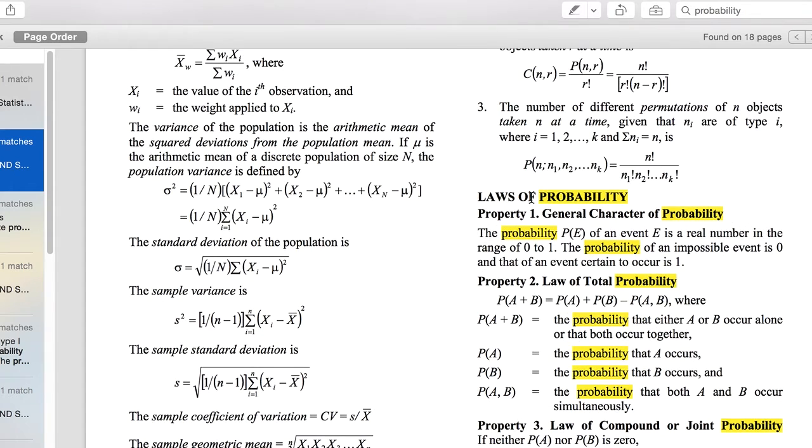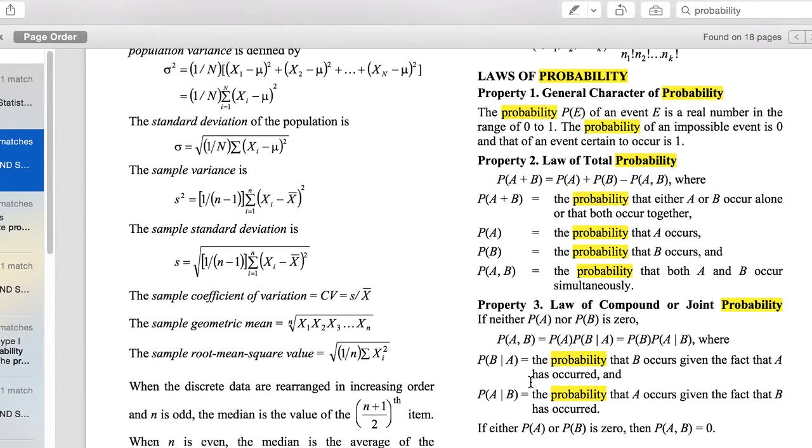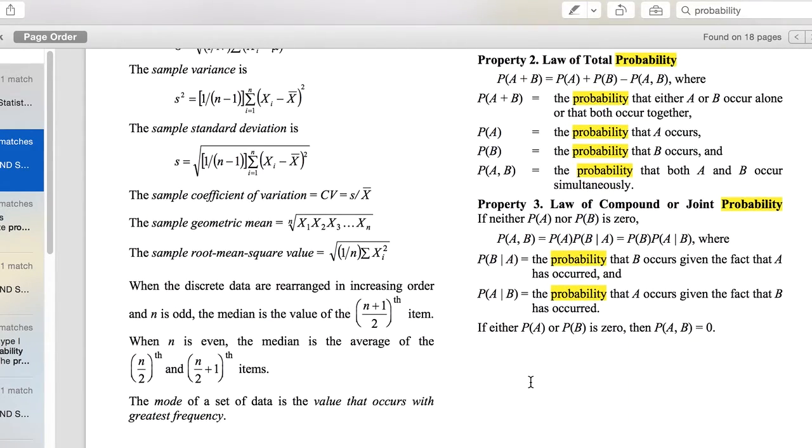Coming back here with the laws of probability, as you can see here, the probability of A or B is the probability of A plus the probability of B, minus the probability of both. So go over it a little bit and have an idea, and Google some concepts if you're not comfortable with some of them.